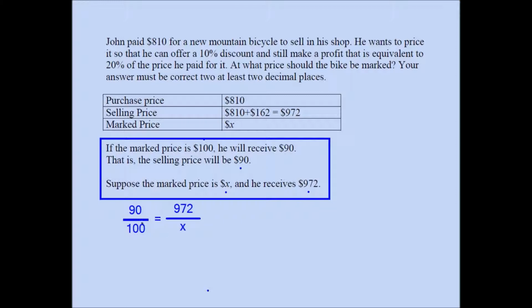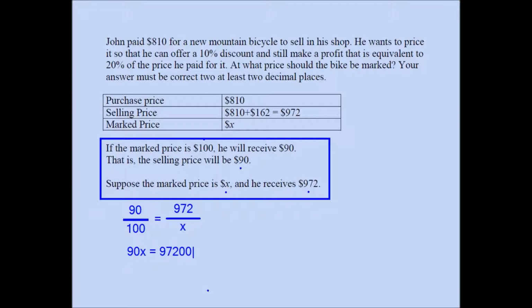And what we have to do is some algebra here, which is not terribly difficult. I'm going to do cross multiplication. 90x must equal 972 times 100, which is 97,200.